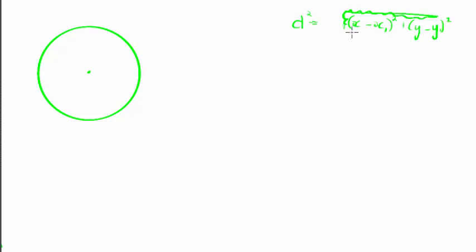So in this case, we're just making d a constant, equal to the radius, and x and y represent points.